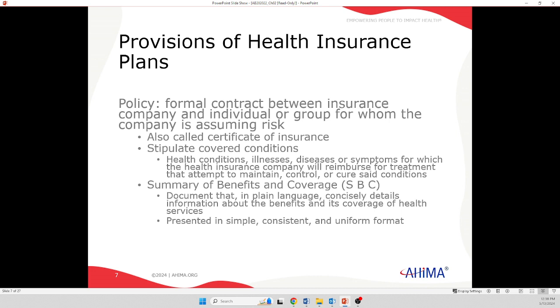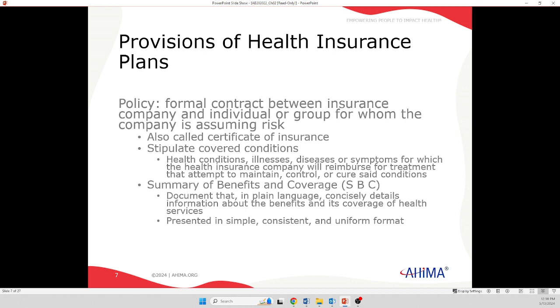Now, another term that goes along with our insurance is a policy. This is a formal contract between the insurance company and the individual or group for whom the company is assuming risk. Sometimes it's also called the certificate of insurance, which just simply describes the conditions of the policy.